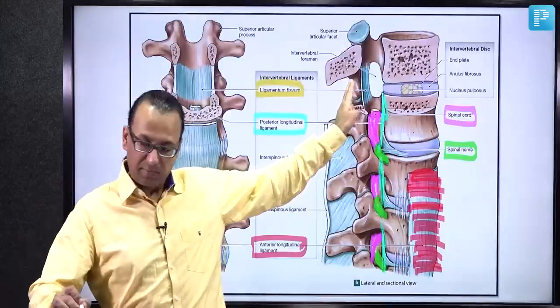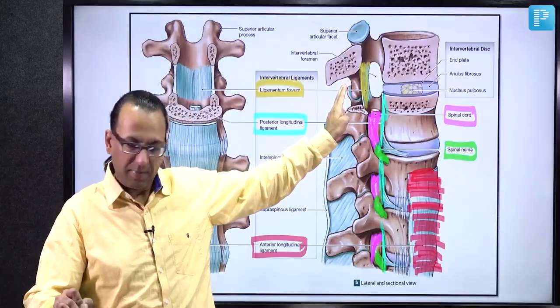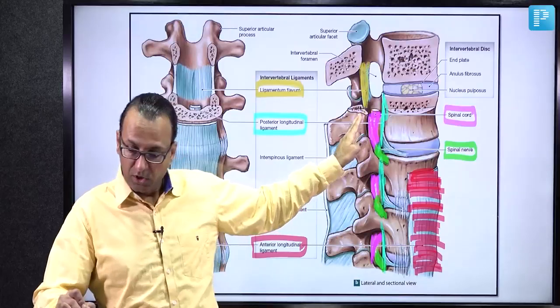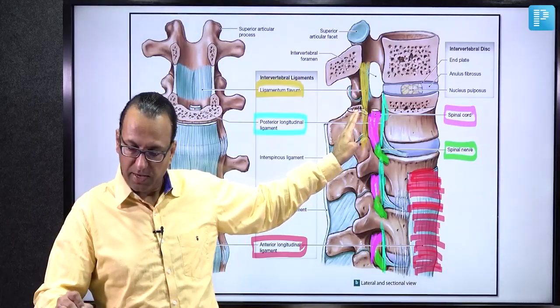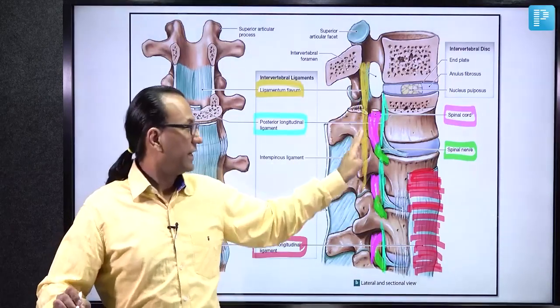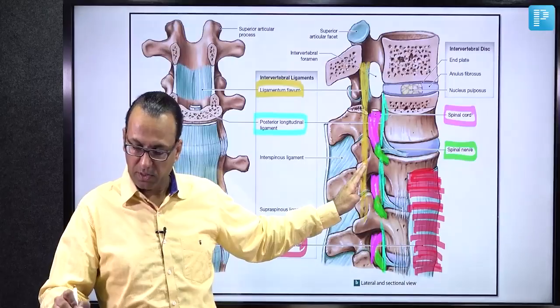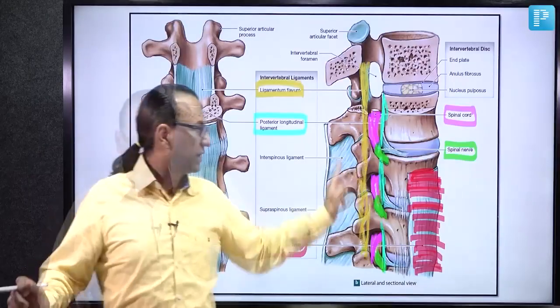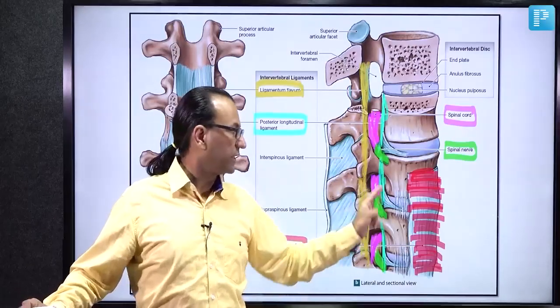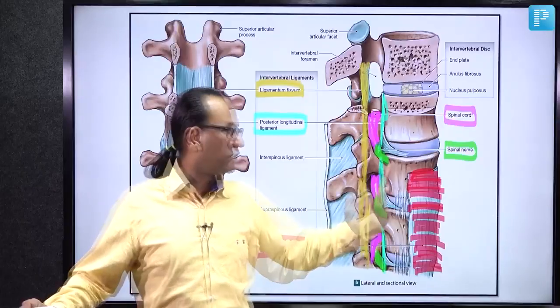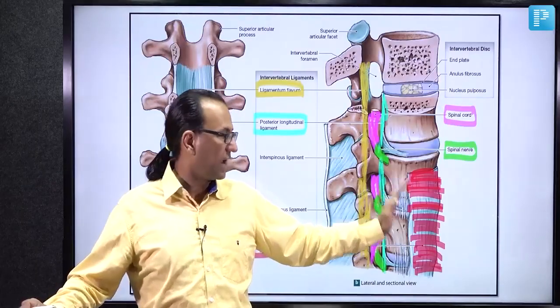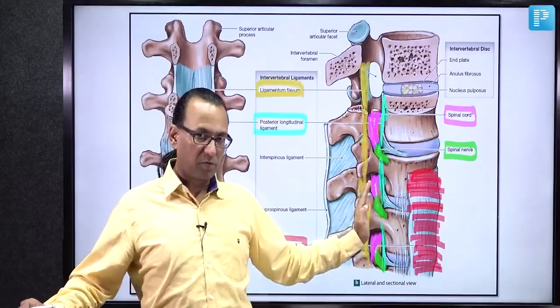So here we have the ligamentum flavum, which is connecting the lamina of the higher vertebra to the lower vertebra, and that ligamentum flavum is lying posterior to the vertebral canal and also the spinal cord. So the spinal cord is basically sandwiched between the posterior longitudinal ligament anteriorly and the ligamentum flavum posteriorly.